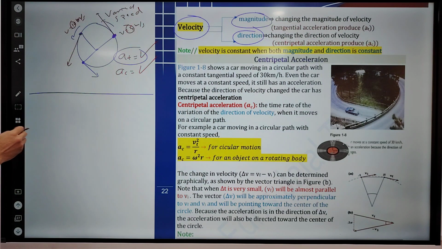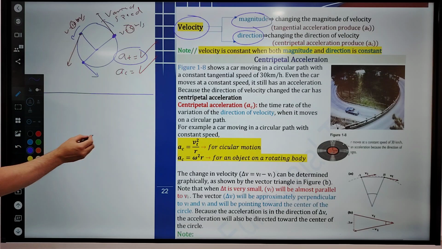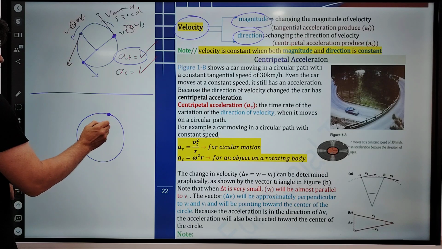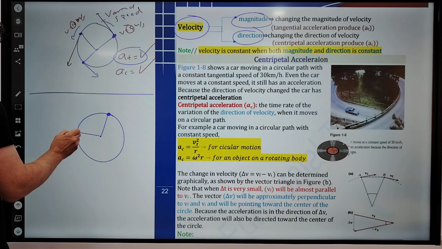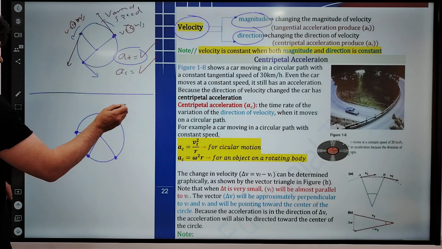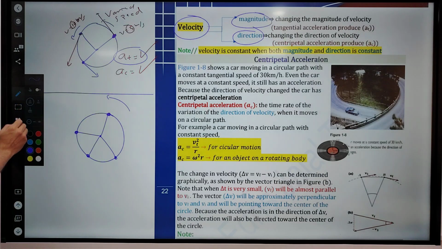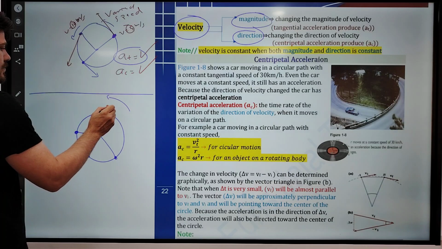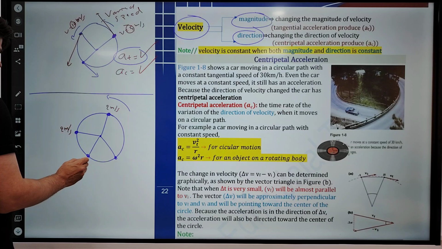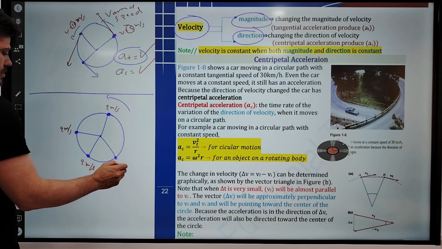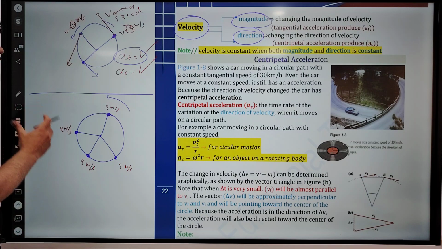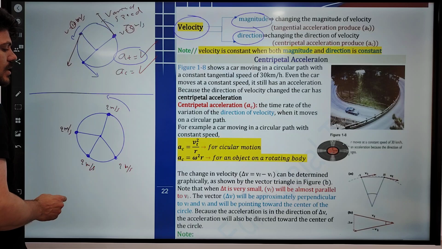But when the object is moving at constant angular speed, look, for example, here we have 2 meters per second, 2 meters per second, 2 meters per second, also 2. So the speed is constant. The magnitude of the velocity does not change.